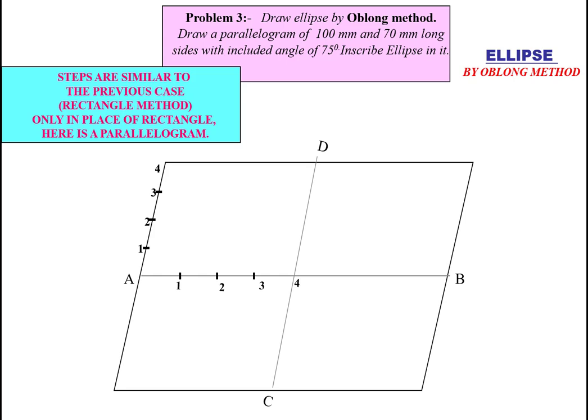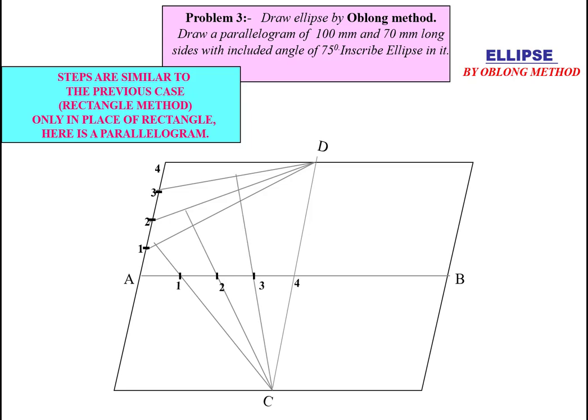Now join point 1 with D, point 2 with D, point 3 with D, and in the horizontal, C1, C2, C3. So here we got P1, P2, P3, P4 and P5 points. Now join them by French curve or freehand. And the same method we have to do in the other parallelograms as we did in the rectangle method.